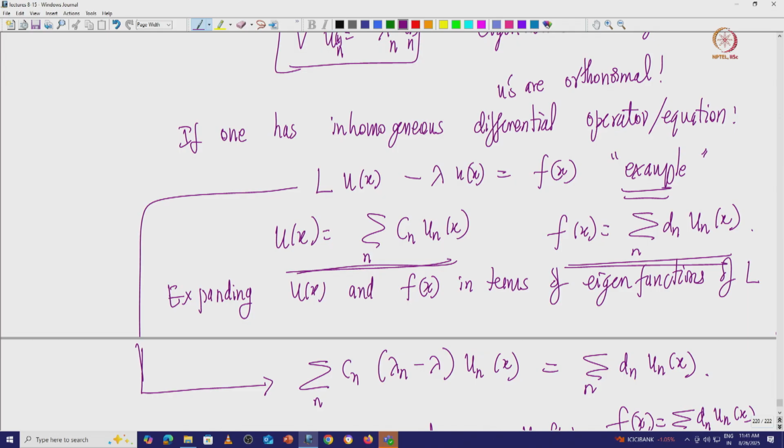The first assumption is that the differential operator, like the Laplacian, has complete eigenvalues and eigenfunctions, which form an orthonormal and complete set.